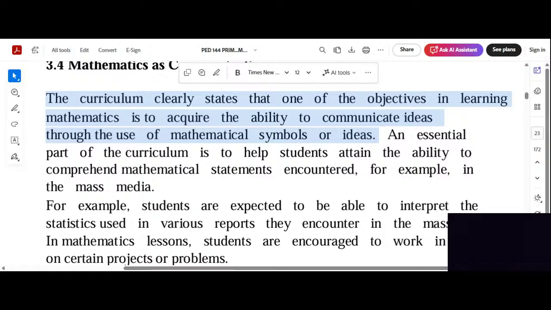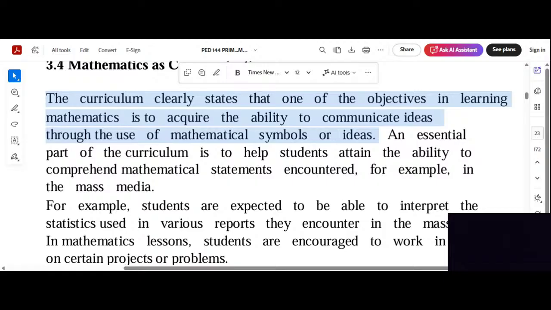And then according to the curriculum, one of the major objectives of learning mathematics is that it helps students to communicate ideas using mathematical symbols. So instead of a child telling you that you can carry 150 apples, then if you sell 30 out of it, you have 120 left, a student who is good in mathematics can just say 150 minus 30 equals 120.